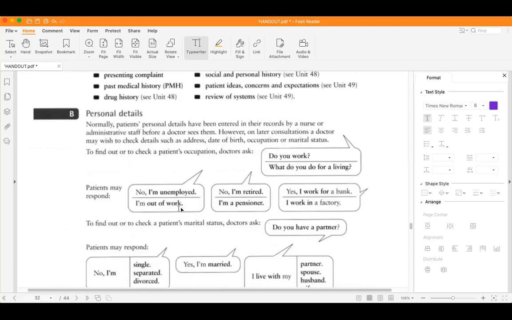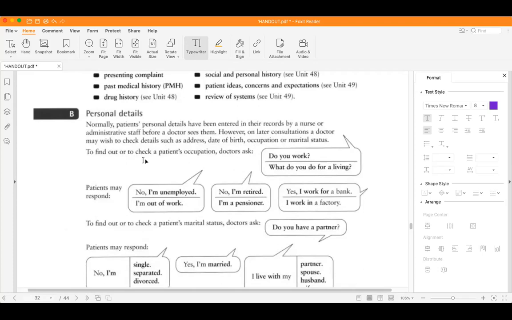In the personal details section, we have to ask about the patient's address, date of birth, occupation, marital status, and so on. This part is done by a nurse or the administrative staff in the hospital, for example.